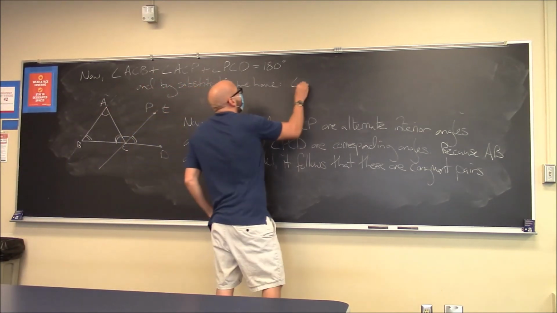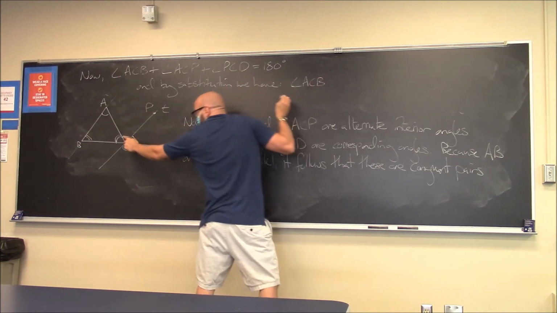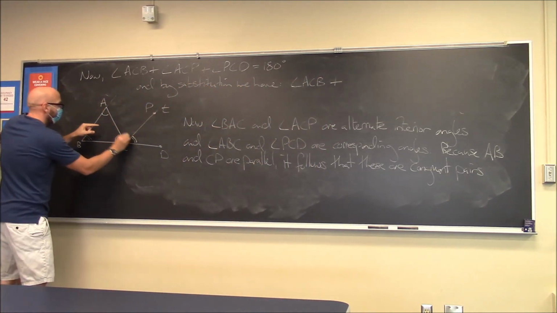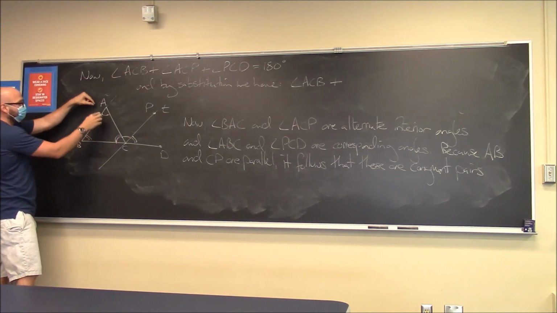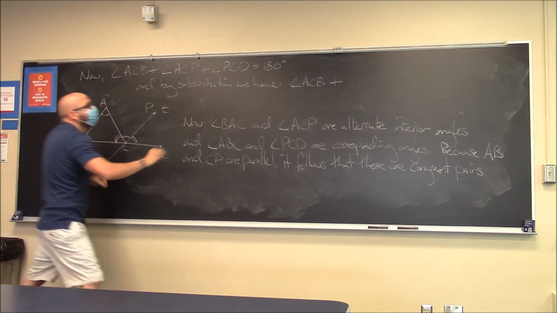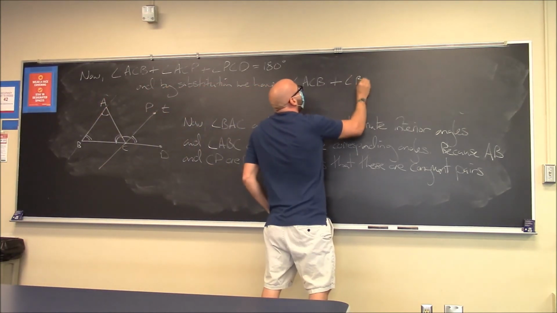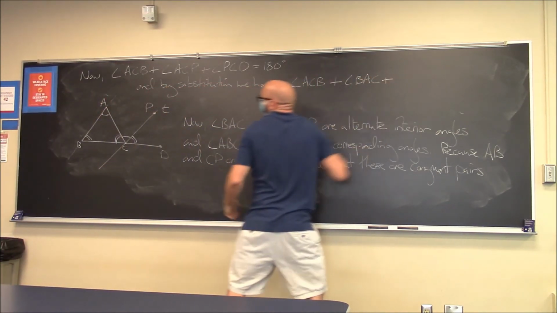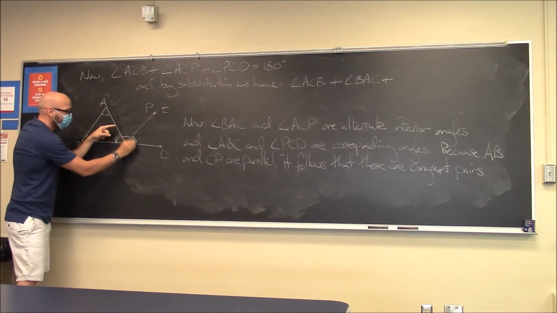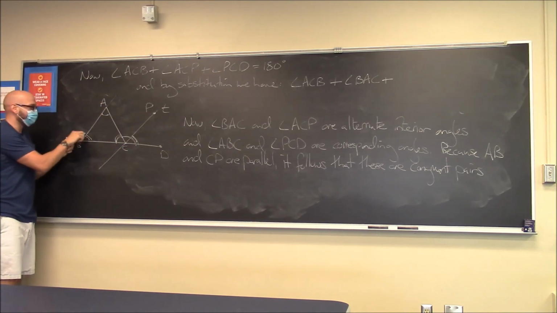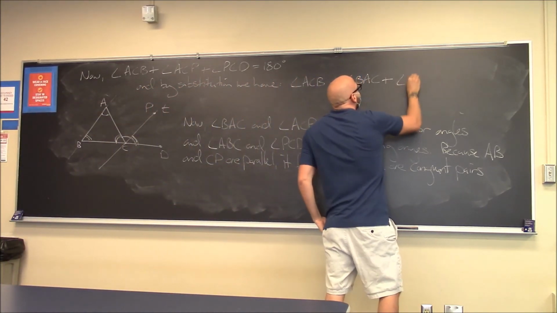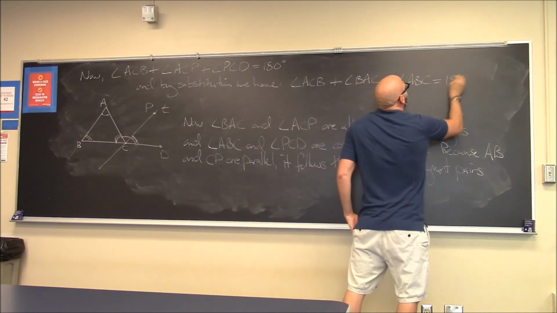So angle ACB, which is this interior angle, plus ACP, we'll replace that with angle BAC, which is this interior angle here, plus last but not least this guy, which is congruent to this interior angle, angle ABC, equals 180 degrees.